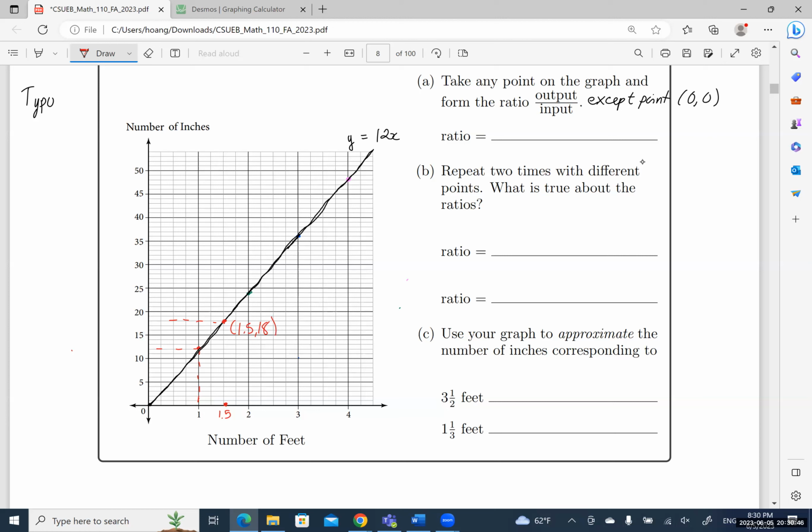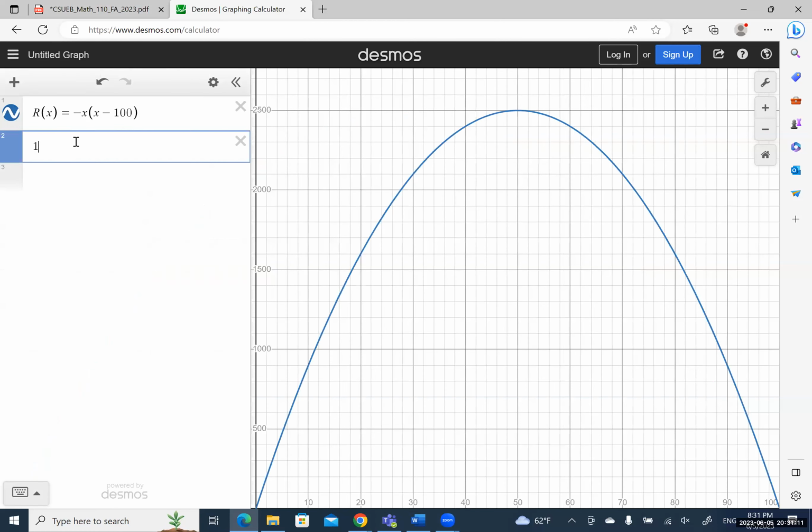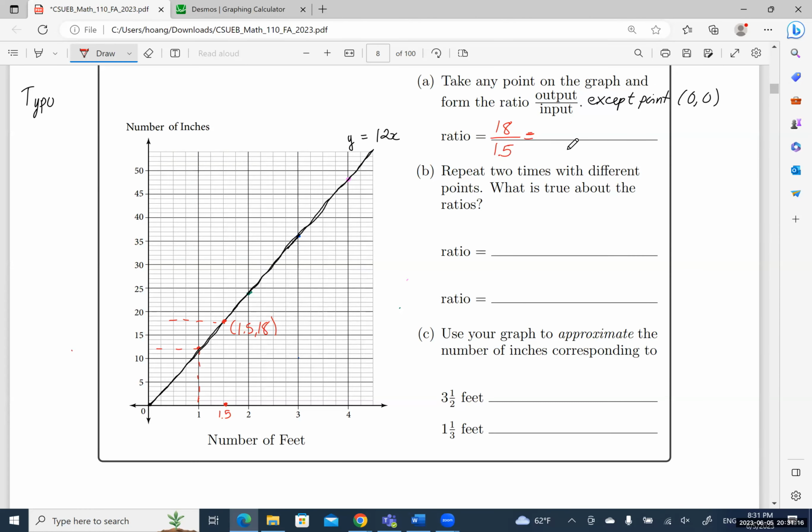So I'm going to use output over input. The output is 18 divided by the input, 1.5. So use a calculator and calculate that. What is 18 divided by 1.5? Using decimals, 18 divided by 1.5 is 12. So this is 12.